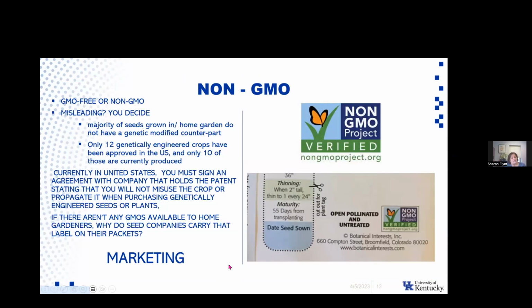Okay, another big one that you're going to see is non-GMO. And this shows on this seed packet, it says open pollinated and untreated. So those are two important things to say, but then it also has that Non-GMO Project Verified. Okay, so GMO free.